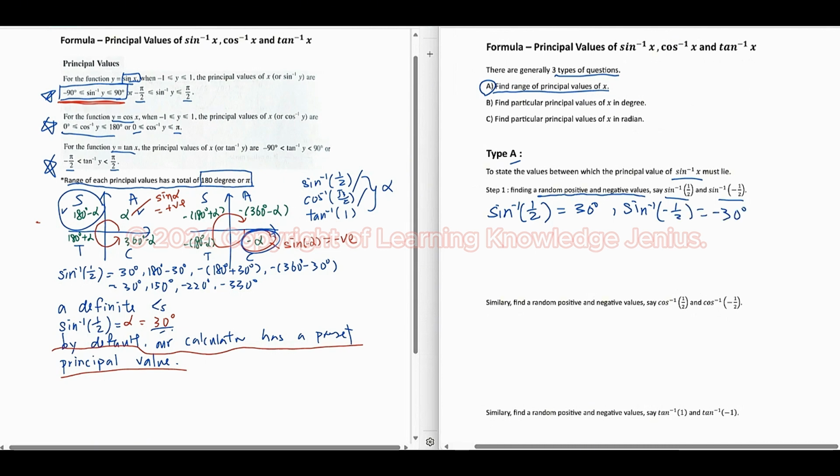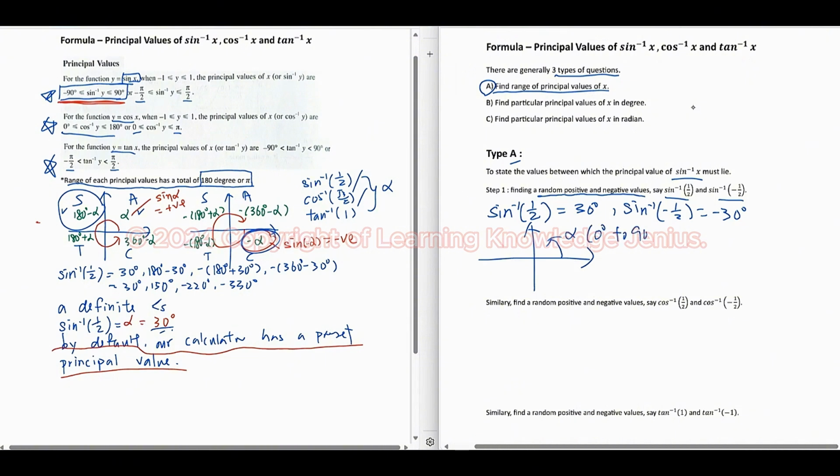From here, you can roughly tell, if you're using the ASTC, the 30 degree is when you get here. So that's why it is the alpha. It's between 0 to 90.